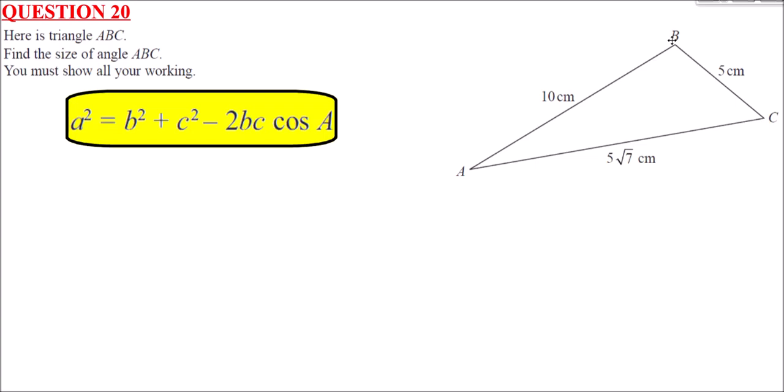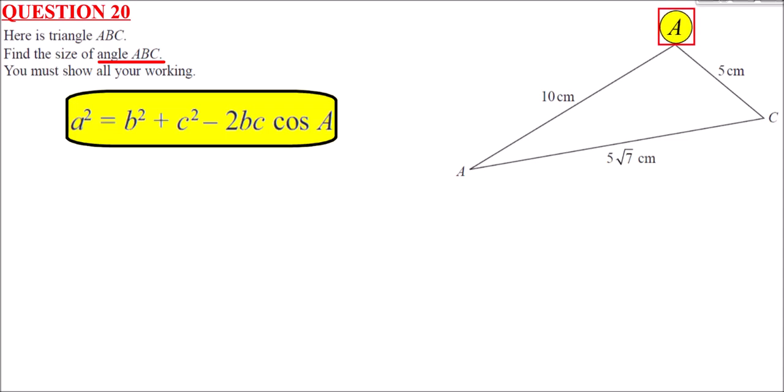If you're trying to find a side, label the side you're trying to find as little a. If you're trying to find a particular angle, label that angle big A, even if the question labels it something different. So because I'm trying to find angle ABC, I'm going to term that my big A. So even though it says B there, I don't care, I'm going to call that one big A.